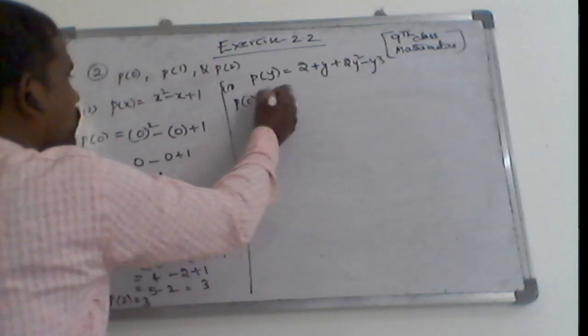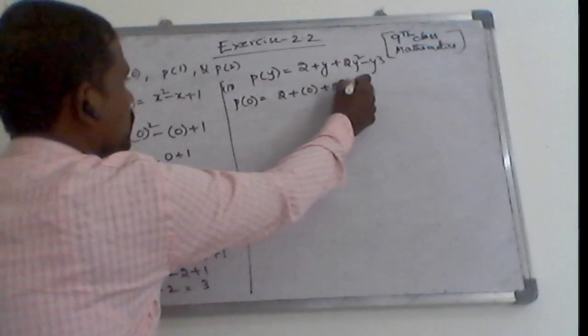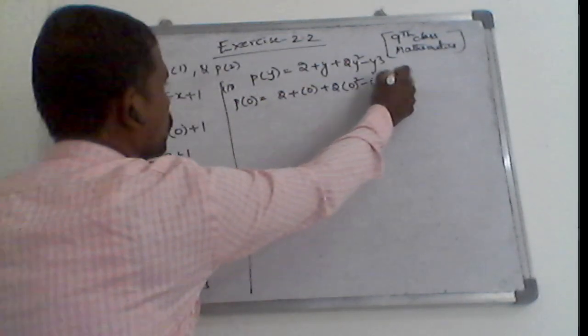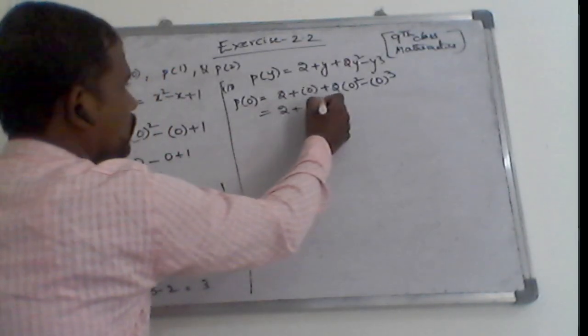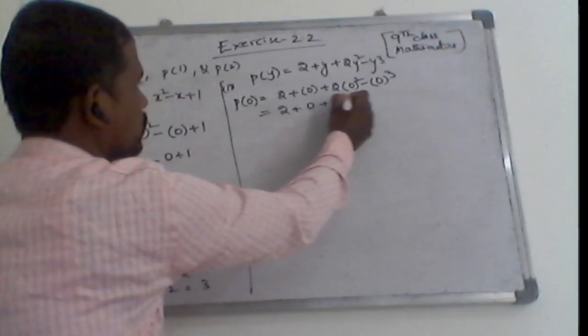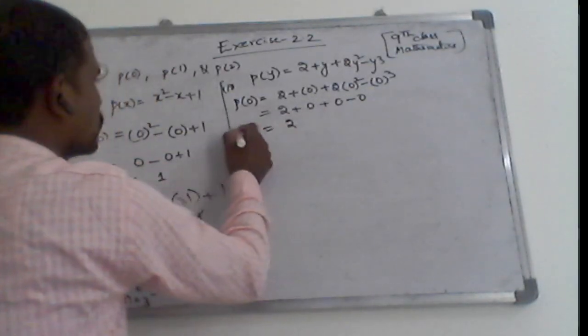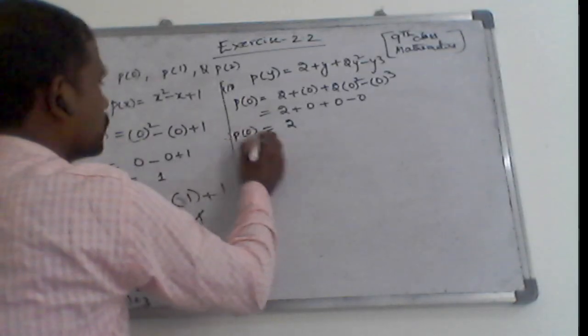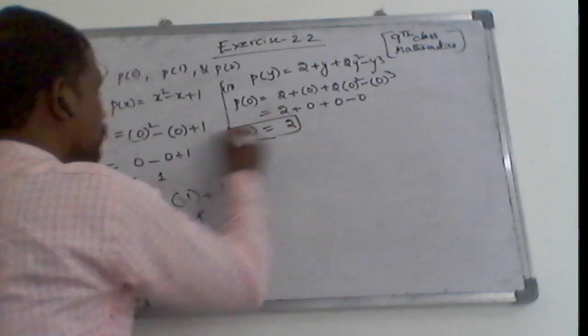P of 0 equal to 2 plus 0, plus 2 of 0 whole square, minus 0 whole cube. So 2 plus 0 plus 2 into 0 square, 0, minus 0 cube, here 0. So final answer 2. Therefore P of 0 equal to 2.